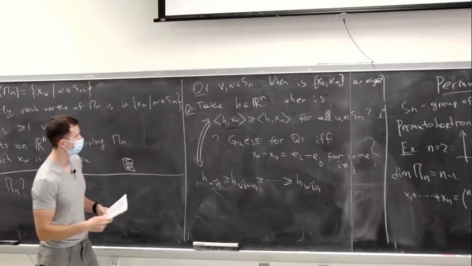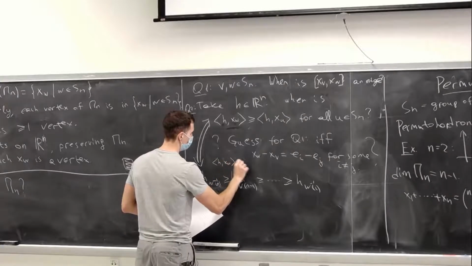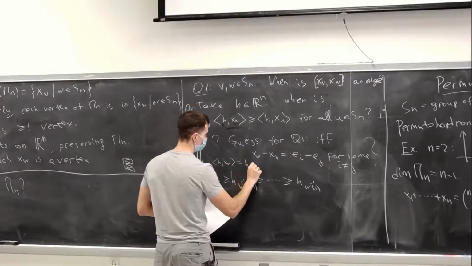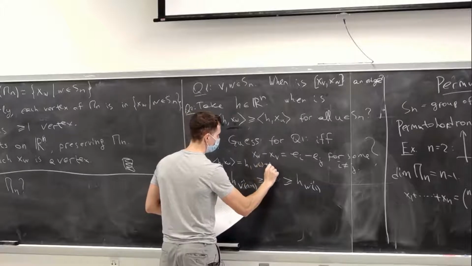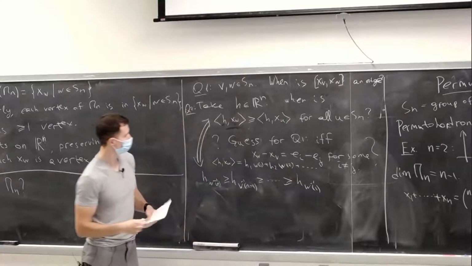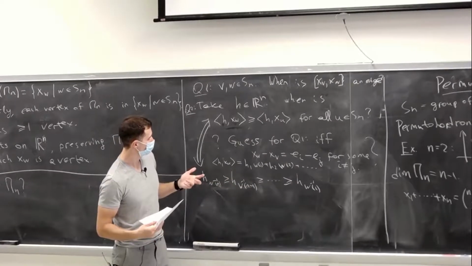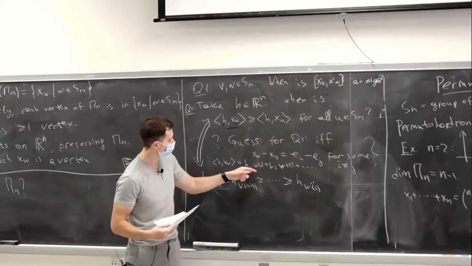Because, well, if you write h dot xw, what it's going to give you is h1 times w of 1 plus h2 times w of 2 plus etc. I mean, w of 1 could be any entry.